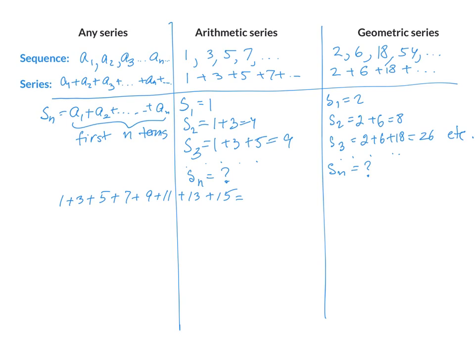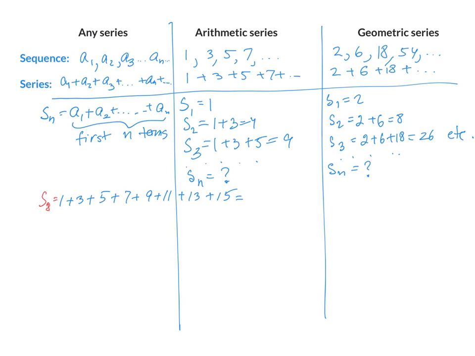So if you look at this example of a series, it's an arithmetic series. I am adding 1, 2, 3, 4, 5, 6, 7, 8 terms. So this will be S sub 8, and I want to calculate it.